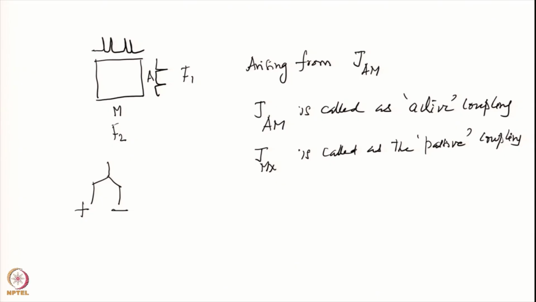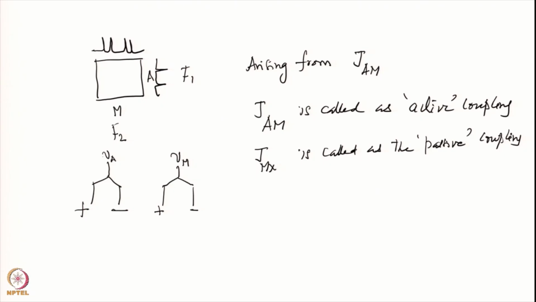This splitting will lead to plus and minus. And what about the M? This is the nu A. Let me write here nu M. Nu M will also show the AM coupling, which is the active coupling. Active coupling leads to plus minus splitting, as we have seen in the double quantum filtered COSY or the COSY.